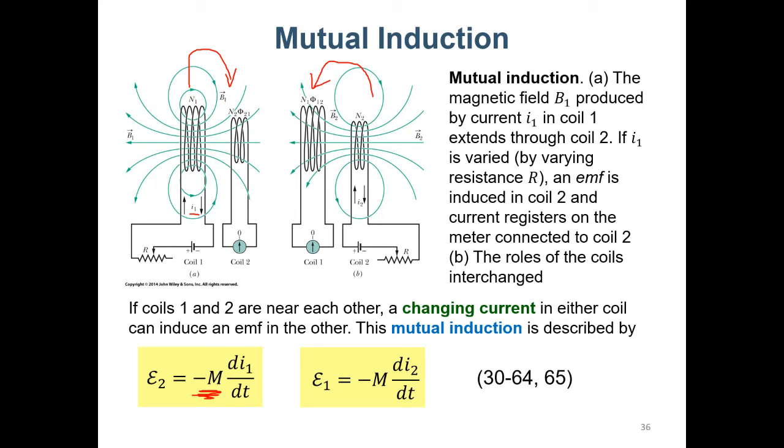But here, the mutual inductance means the changing current for the first loop will generate the induced EMF for the second coil, and vice versa. So we define this. This is not the inductance anymore. We call it the mutual inductance, and we use M to represent this mutual inductance.